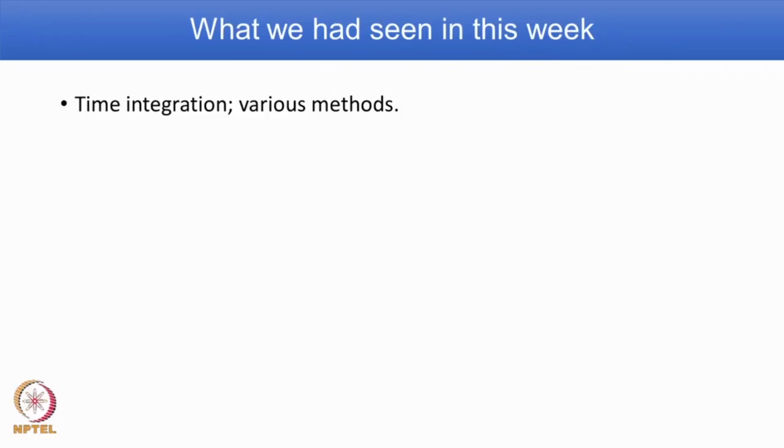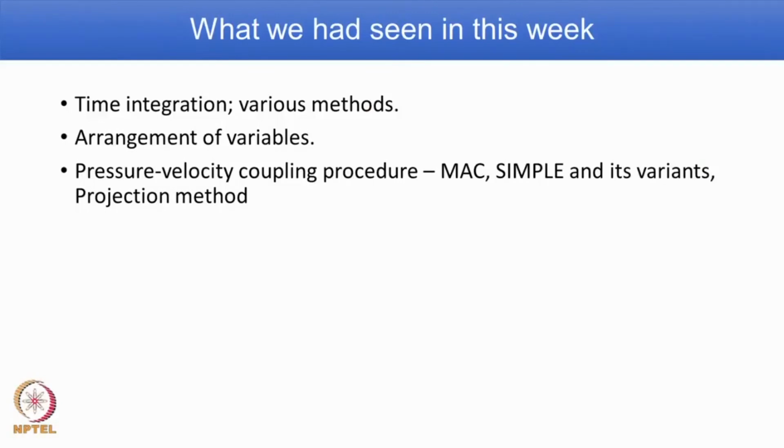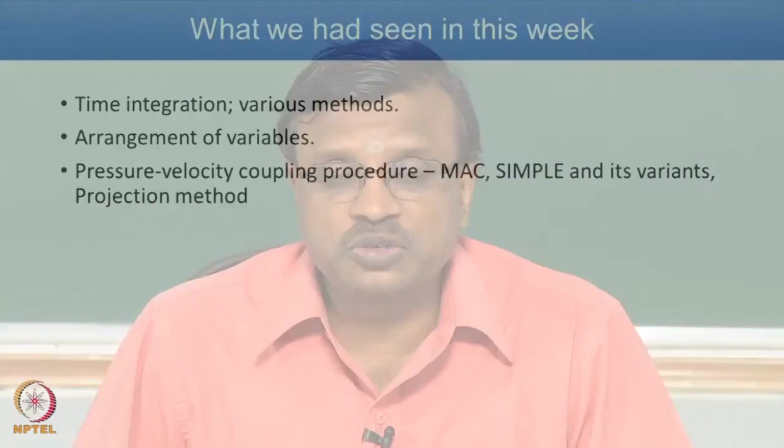So, in this week we have seen in detail time integration methods, the various methods available, Euler method, multi-point method, and then how to obtain predictor corrector to get higher order of accuracy, arrangement of variables, collocated, staggered, semi-staggered, advantages associated with each one of them, need for doing a pressure velocity coupling, and detailed explanation for 3 methods, that is MAC algorithm, SIMPLE algorithm, and projection methods.